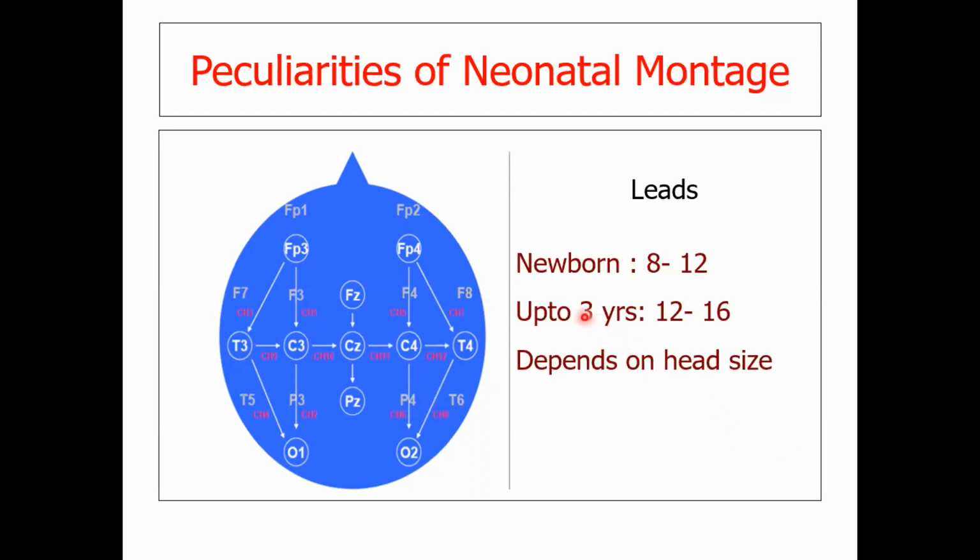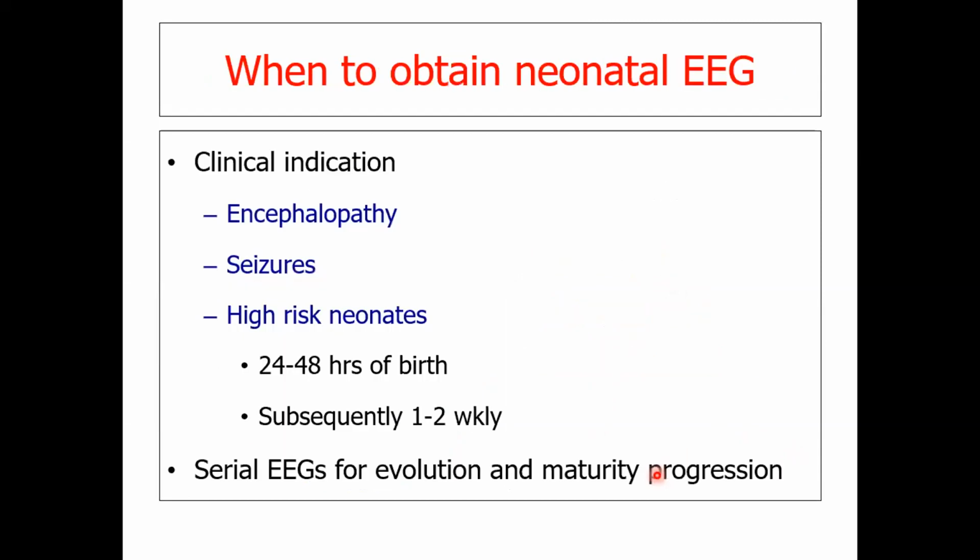However, if a child, for example a 2-year-old, has severe microcephaly, with a head of say only 36 or 37 centimeters, then he or she would also be subjected to a neonatal montage. Because if you put too many leads, then there will be no potential difference, and there will be difficulty in reading the EEG.